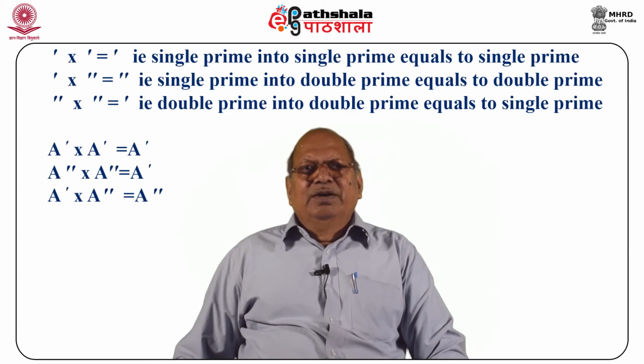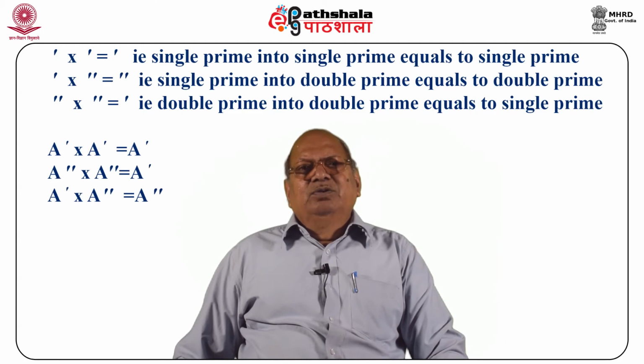Similarly, we have prime and double prime: single prime into single prime equals single prime as shown. Then single prime into double prime, we will get the result as double prime.